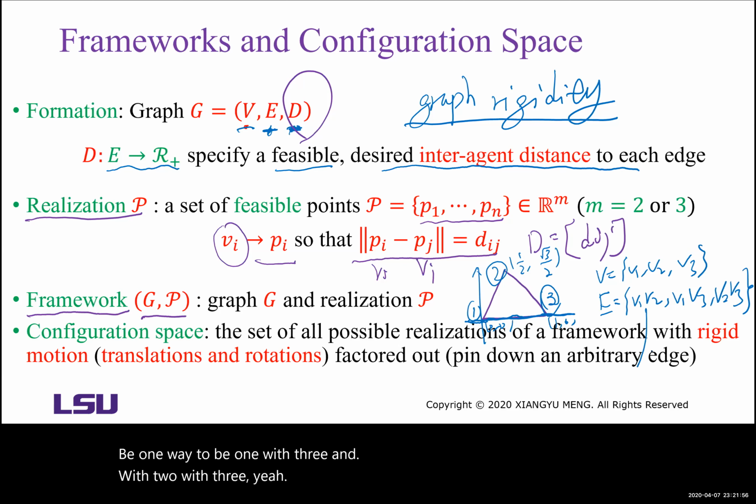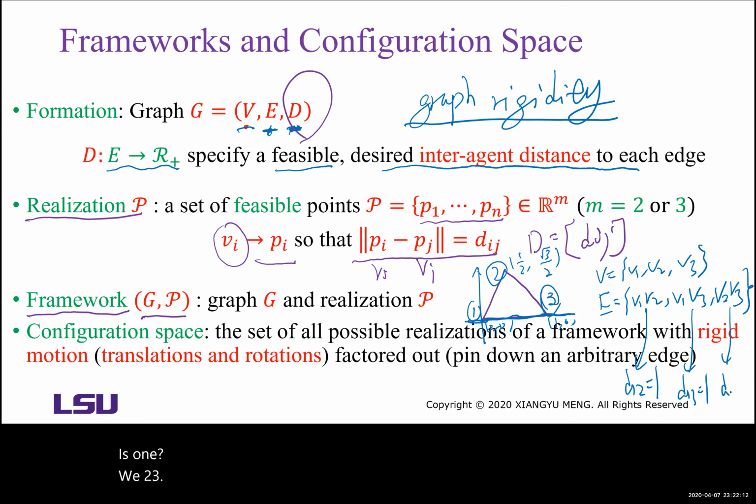Then the distance D12 is 1, D13 is 1, and D23 is 1.